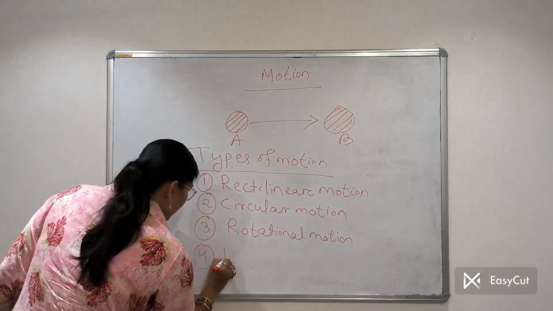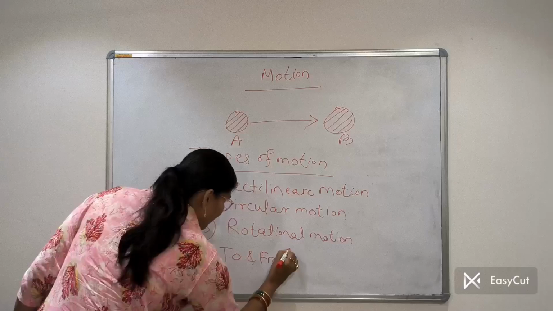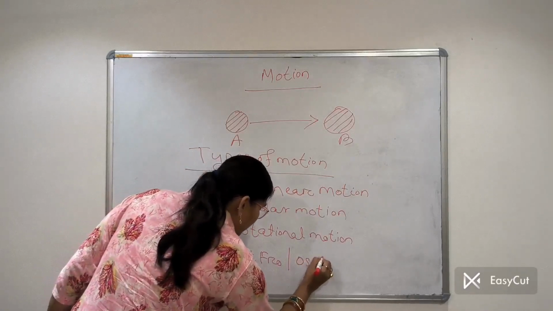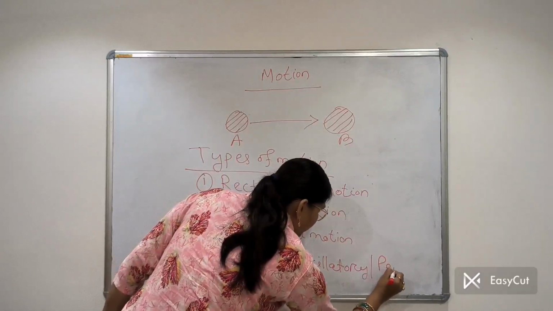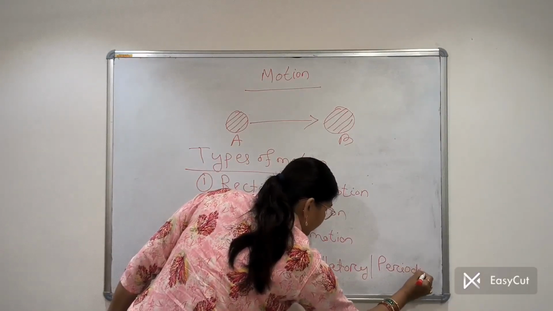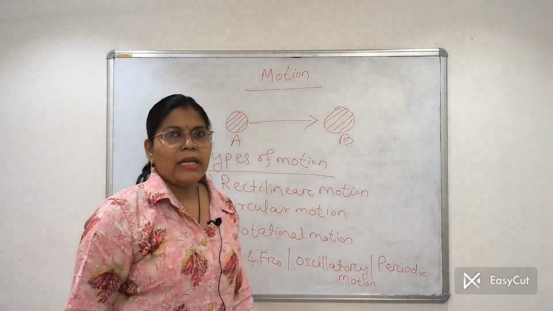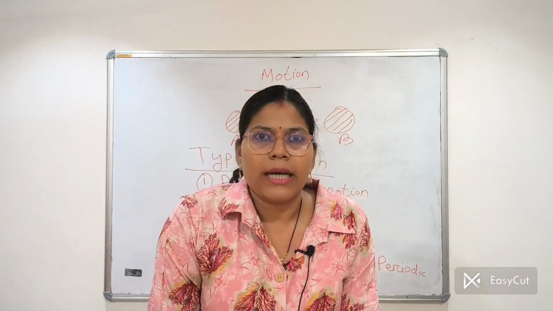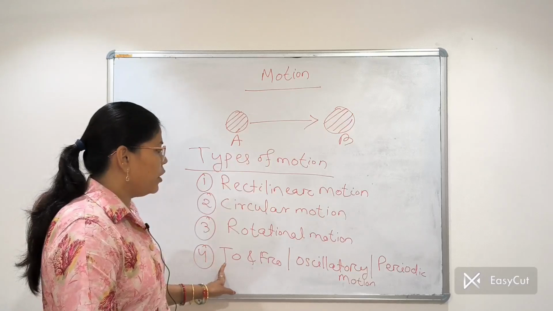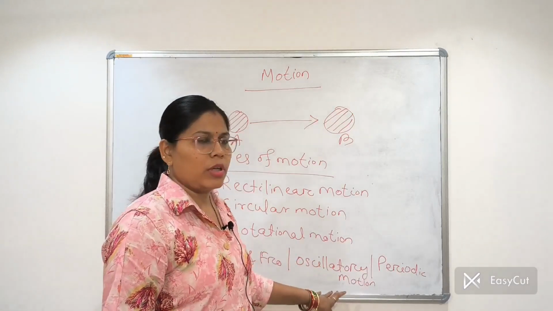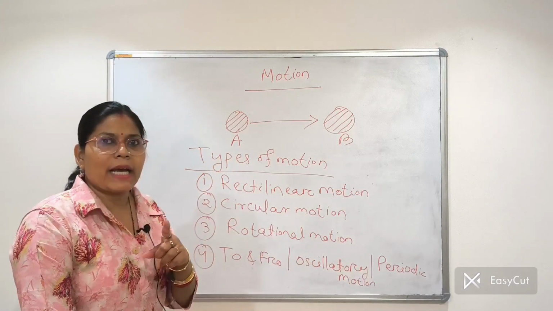Number 4 is to and fro motion, to and fro or oscillatory or periodic motion. So mainly there are 4 types of motion: rectilinear motion, circular motion, rotational motion, to and fro or oscillatory or periodic motion. These 3 names are different, but these 3 are only one type of motion.